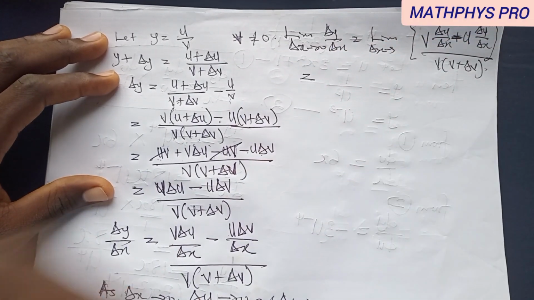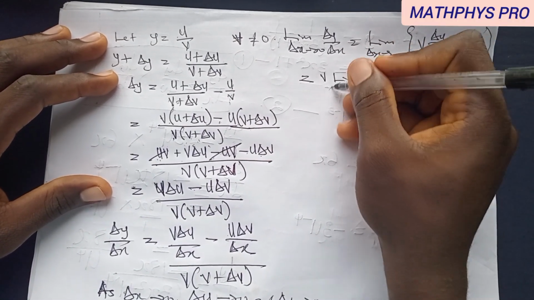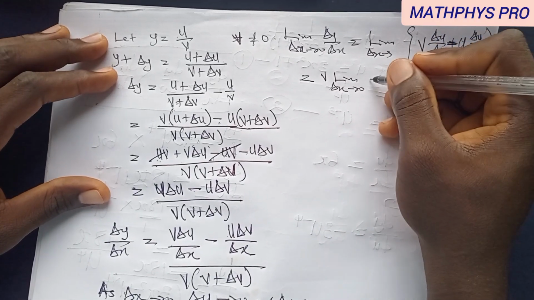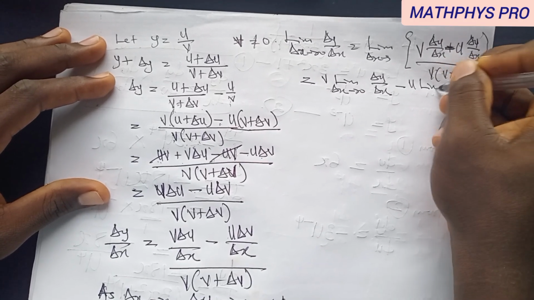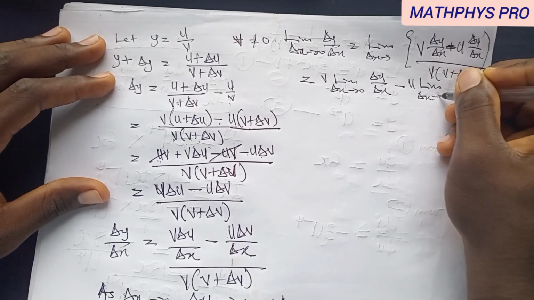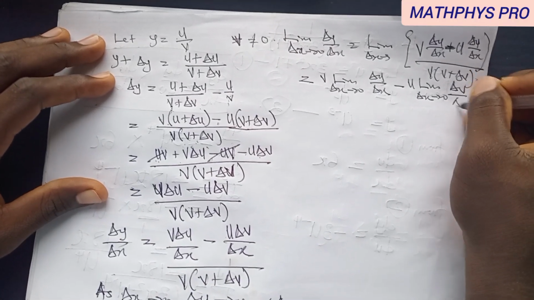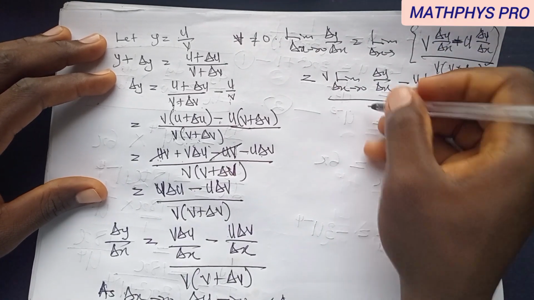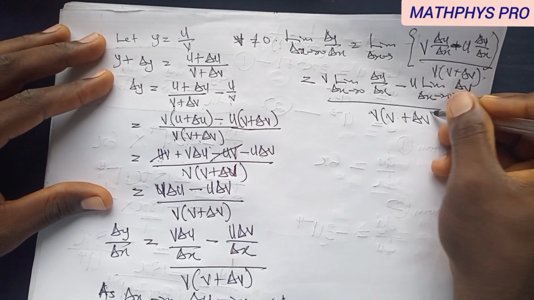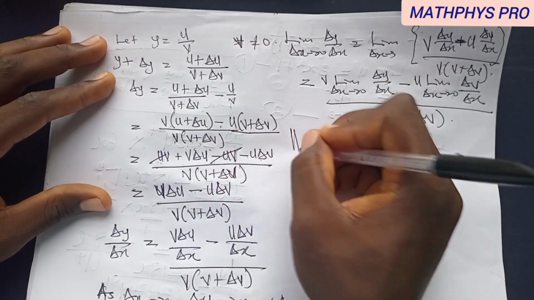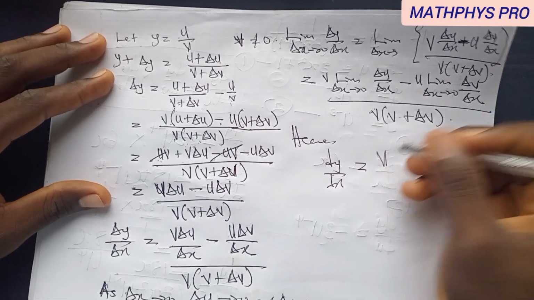Now this will be equal to v, the limit when change in x approaches 0 of change in u over change in x, minus u, the limit when change in x tends to 0 of change in v over change in x, all divided by v, all in bracket, v plus change in v. So now we can say that hence dy/dx will be equal to v.